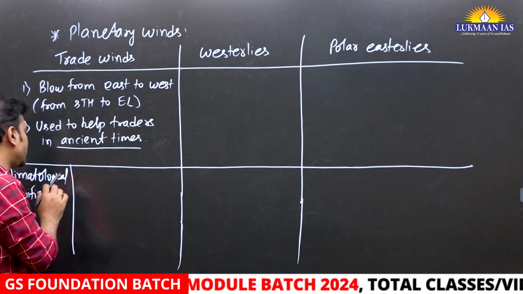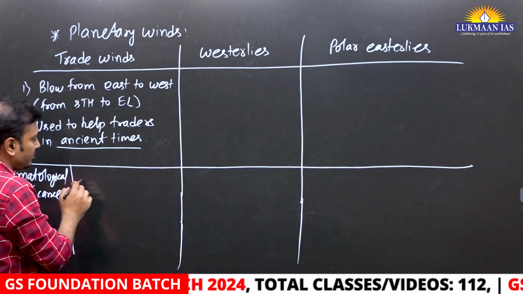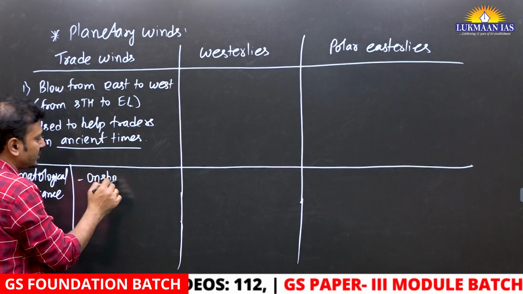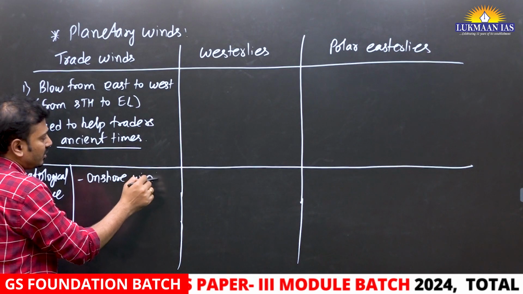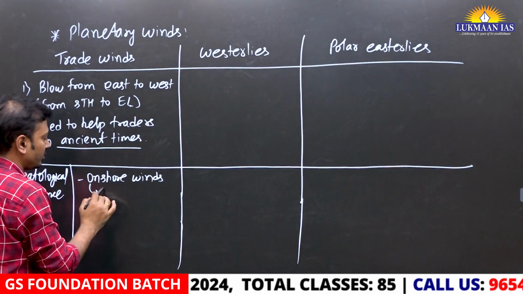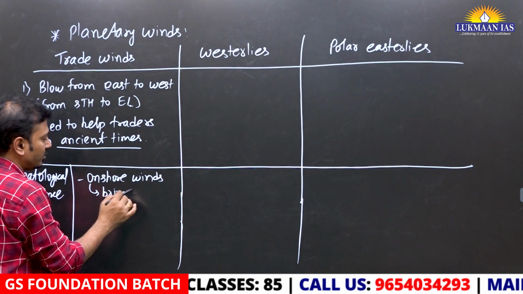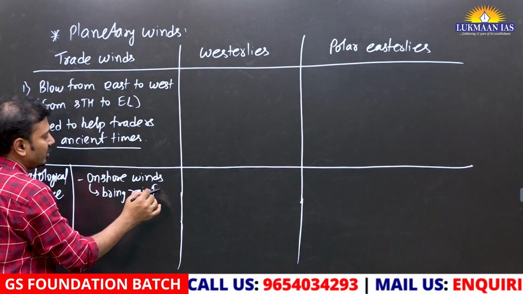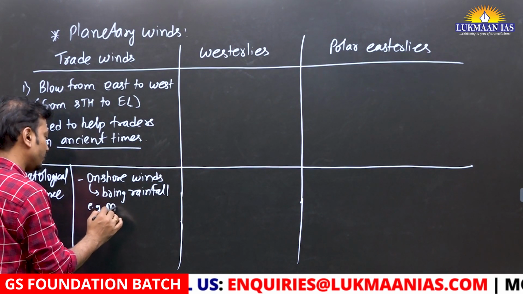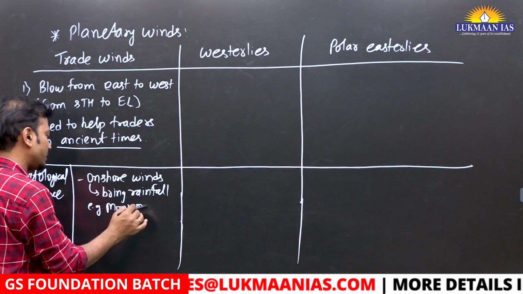But the climatological significance specifically: when these trade winds are onshore winds, they bring rainfall. For example, simply monsoon. Monsoon winds are trade winds only.